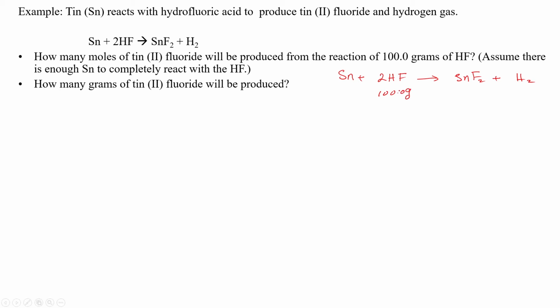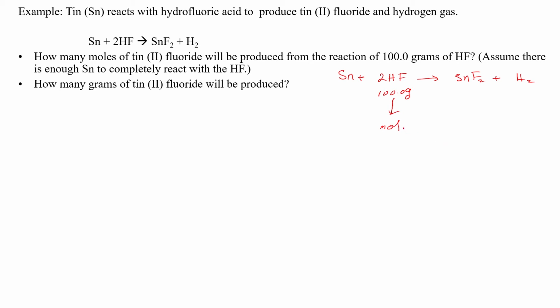For all the reaction stoichiometry problems, we will be doing some strategy to solve the problem. So the workflow is that you will convert the grams of the species, like it can be reactant, it can be product, anything that is given, right? So you will be converting the grams of that substance to the mole. From mole, you will convert the mole of this substance to the mole of the substance that you are going to find.